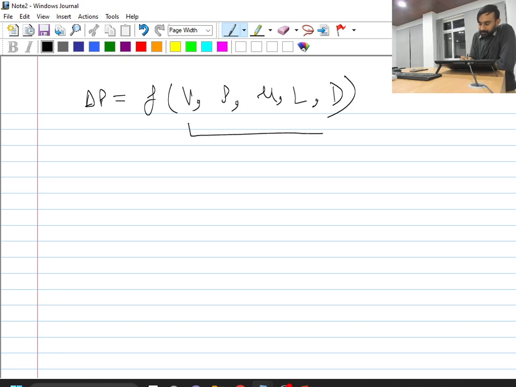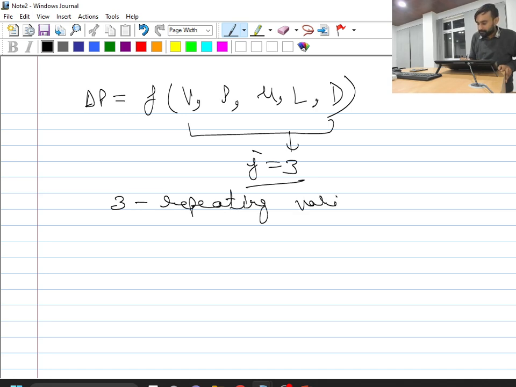So can you tell me how many fundamental dimensional variables are involved? J will be equal to 3 for this case. Is this point clear? If J is 3, it means we have to find 3 repeating variables.